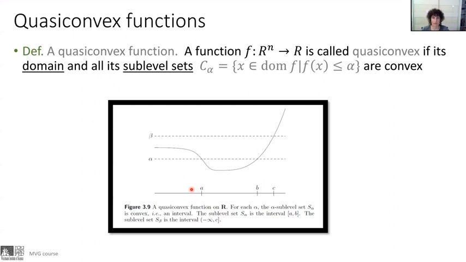As I said before, any convex function has convex sub-level sets, but the other direction is not true. You can have a function like this, which we call a quasi-convex function, such that the sub-level sets of the function are also convex. This is the definition of a quasi-convex function.